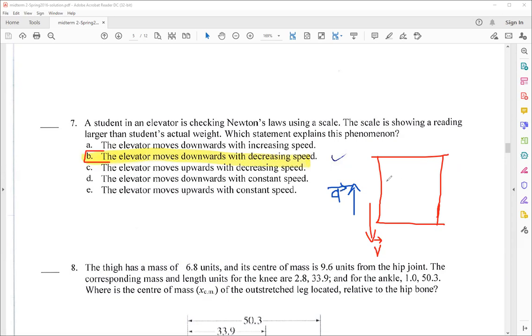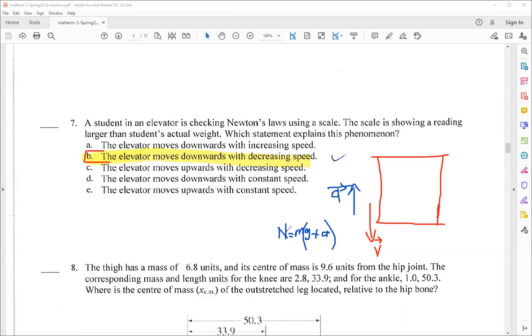If the acceleration is pointing up, remember the formula for the apparent weight is m times (g plus a). So if acceleration is positive, the apparent weight will be more than the normal weight.